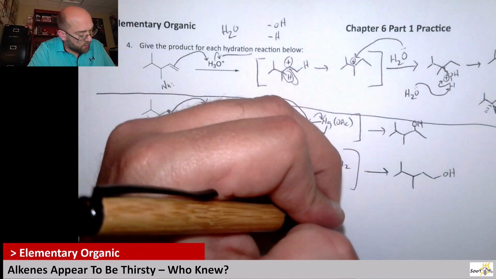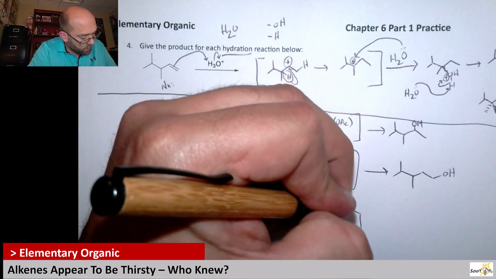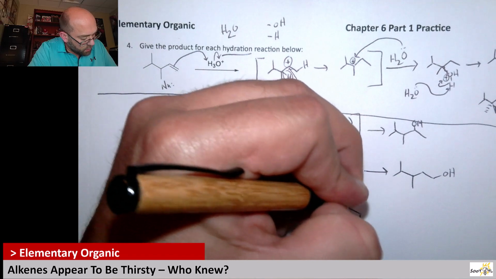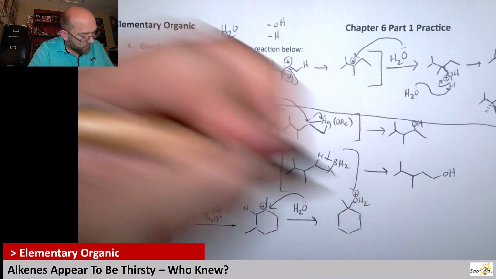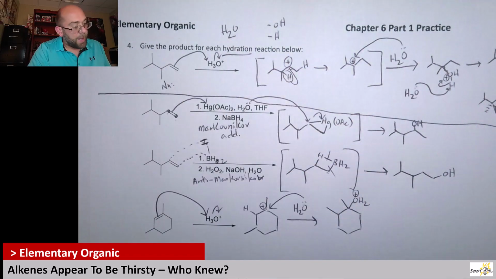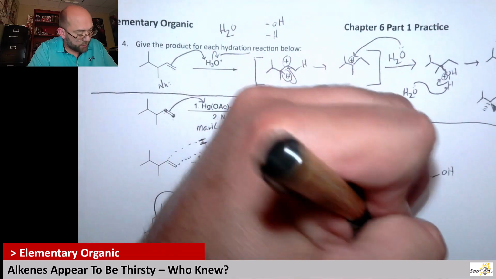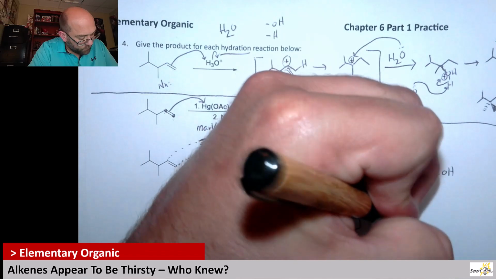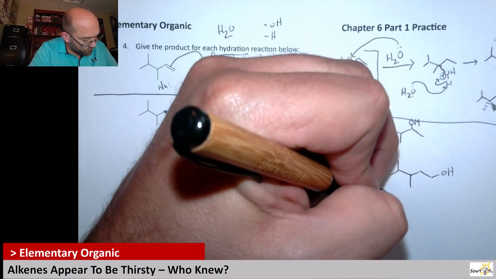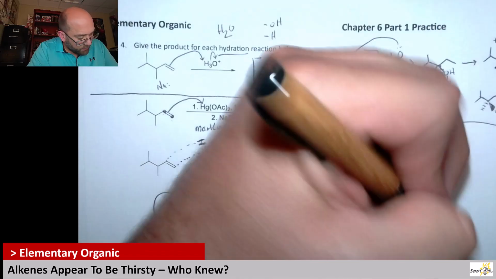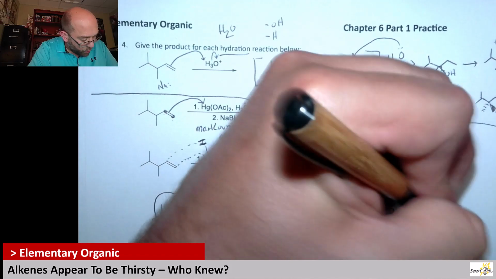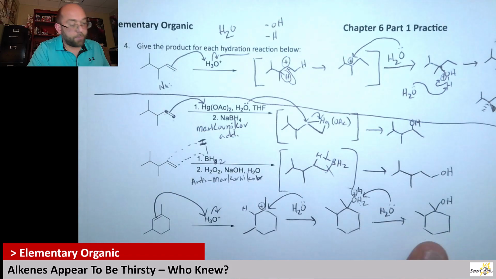And then, right, so you have water there. And from there, a second water molecule comes in to take one of these hydrogens. So what you're going to get is your Markovnikov alcohol.